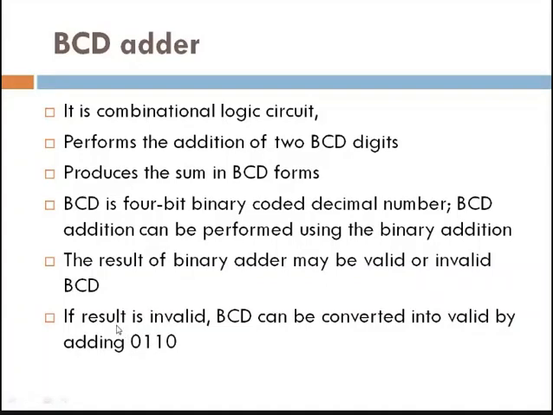For that purpose, what we have to do, if the result is invalid, then the BCD can be converted into a valid result by adding this number, that is 0110.